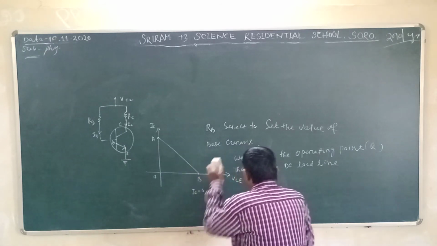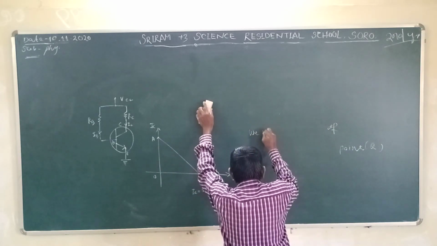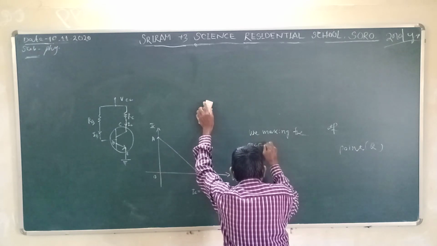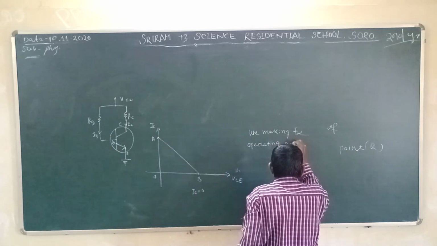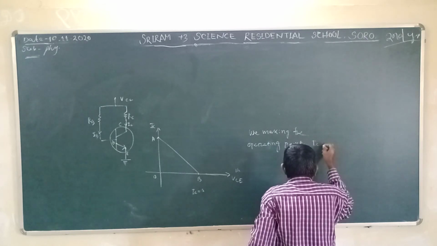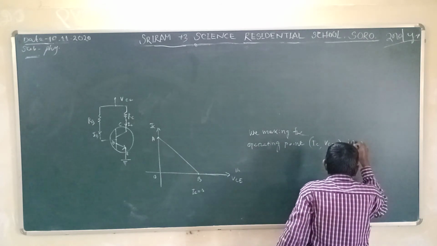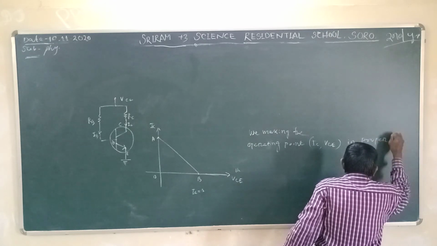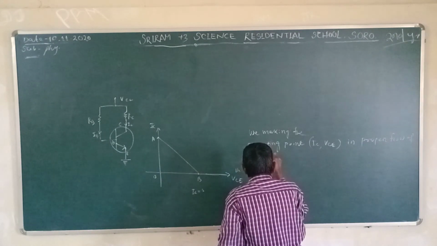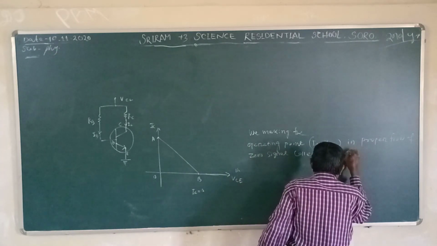Now the operating point means we set the IC and VCE for proper flow of the zero signal collector current.